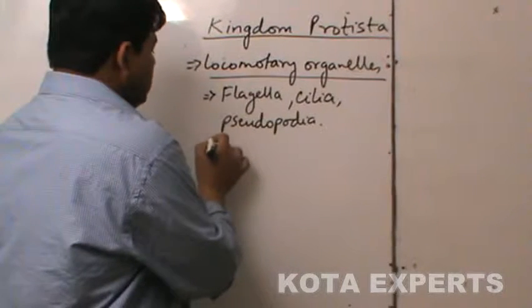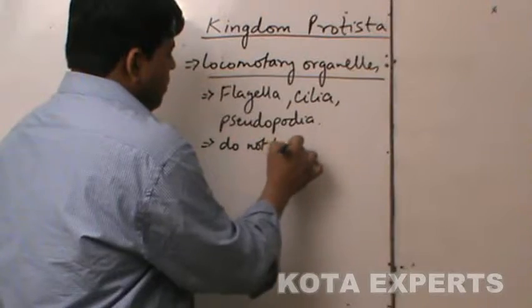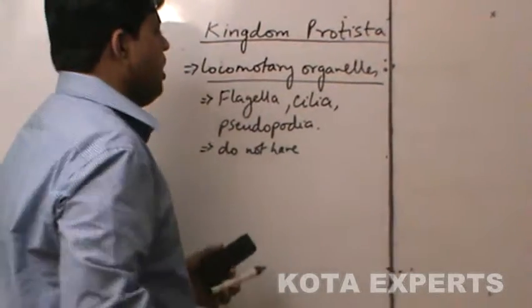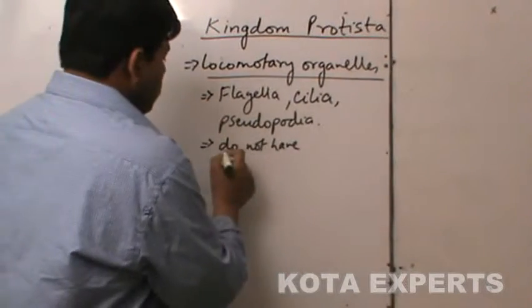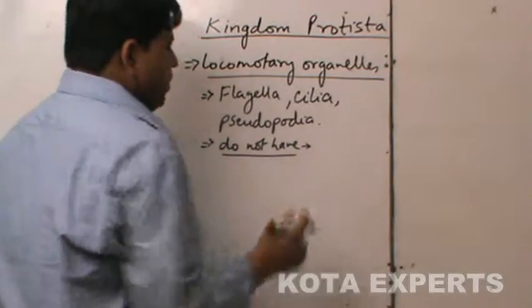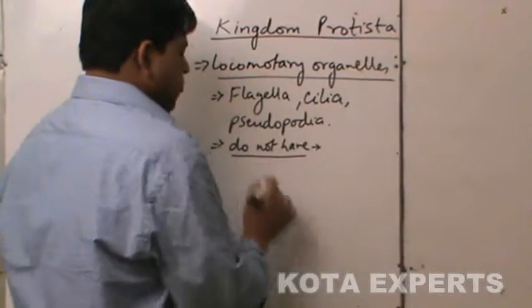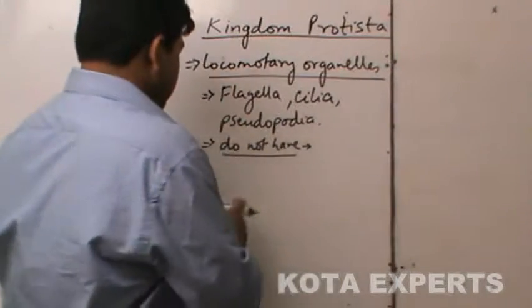But some members do not have any locomotory organelle. So they are flowing just with the water current, and these types of organisms are known as planktons.